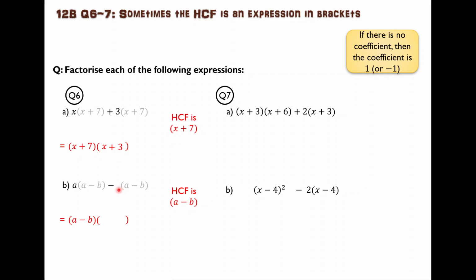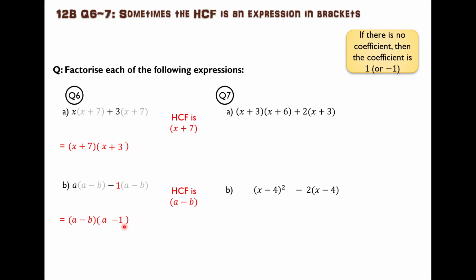You can imagine if I divided this thing by a minus b, you would get 1. One way to think of it is that if there is no coefficient, if there's no number out the front, you can just imagine this as being 1 times a minus b. So in that case, if I get rid of the a minus b, I'm left with 1. So that's why a minus 1.